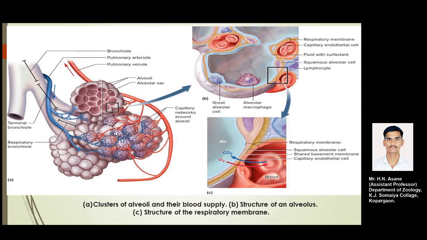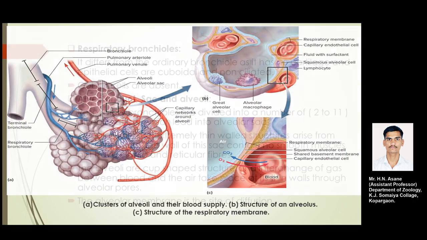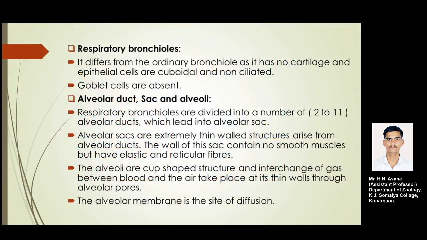The lining of the alveolus contains squamous respiratory epithelial cells, also called small alveolar cells, and great alveolar cells, divided by the septum of cells. In the next section, the respiratory bronchioles differ from the ordinary bronchioles. They have no cartilage, and the epithelial cells are cuboidal and non-ciliated.